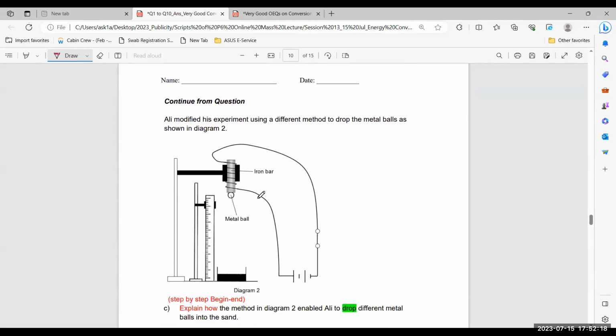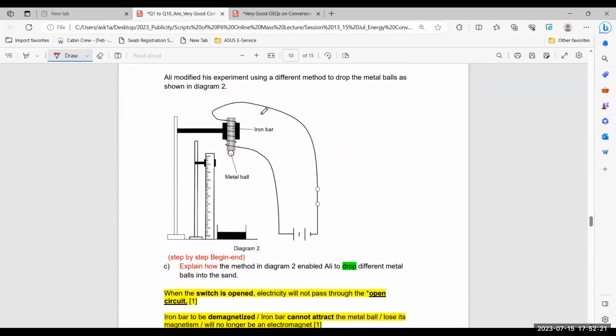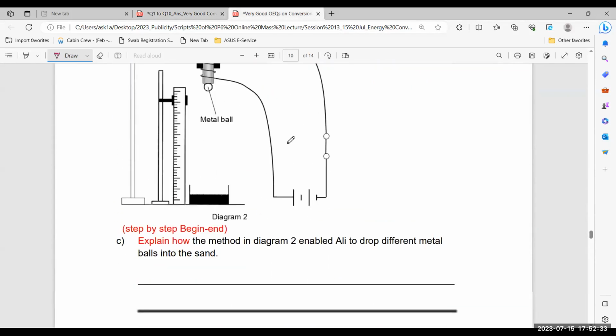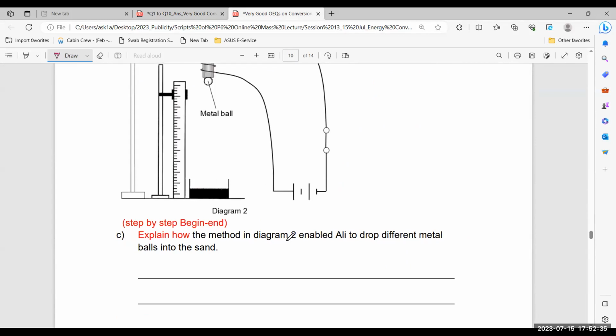Okay, look at the next question. This one is a circuit diagram with 2 batteries in series. Can you see this is like an electromagnet? The circuit is closed. In this question, they ask you to explain how the method in diagram 2 enables Ali to drop different metal balls. There is one assumption: the metal ball must be magnetic.